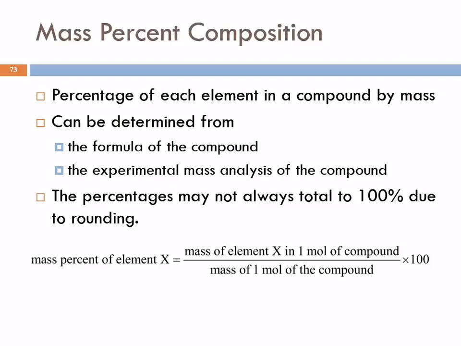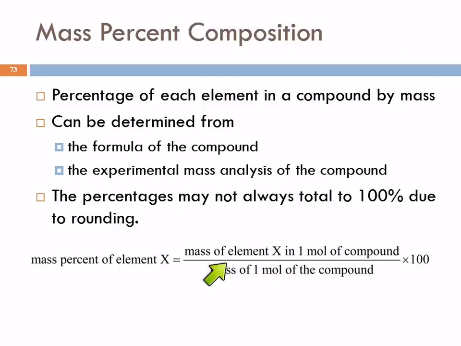This is one of those intensive properties that doesn't depend on the amount of stuff. The percent of element X is the same whether you have a little bit of the compound or a lot of the compound. A lot of times these problems don't give you the mass of the compound, so what do you do? We can choose the size, and it's easy to choose 1 mole.